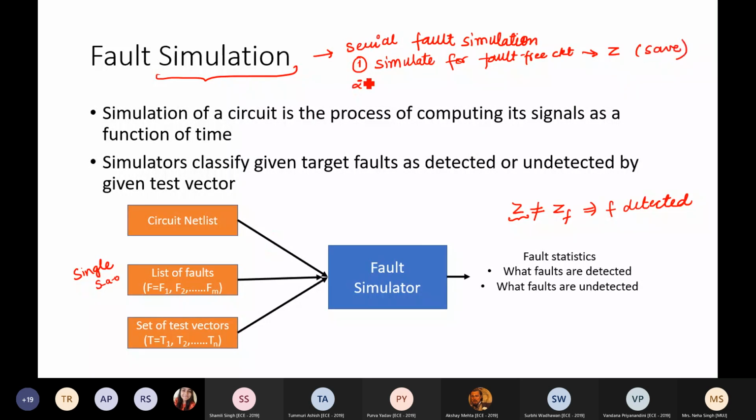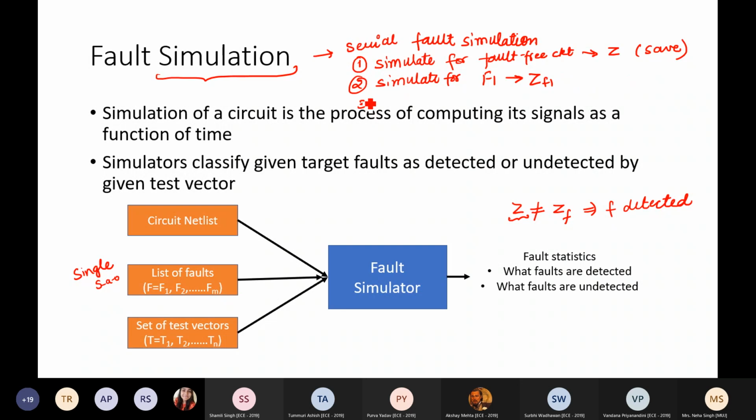Then we simulate the same circuit for fault F1. For each test vector, we find ZF1. If ZF1 is not equal to Z, that is we compare the two values Z and ZF1. अगर ये दोनों में कहीं भी difference आता है, it means that fault F1 is detected.